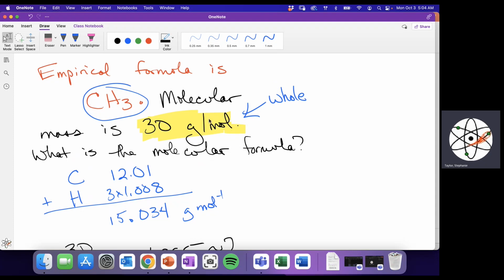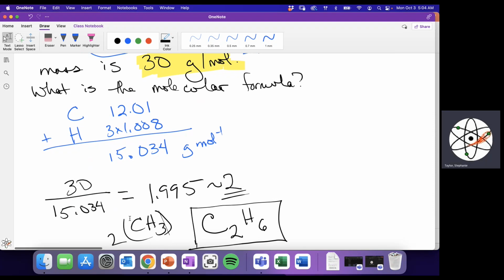So this is keeping in mind that the 30 grams per mole is the total mass, and the unit that we have is CH3. So what we did is we found the mass of the CH3 unit, and then we went ahead and just set up a ratio with the 30 on the top, the 15 on the bottom to give us a factor, essentially, so that we could multiply our empirical formula to make it bigger.